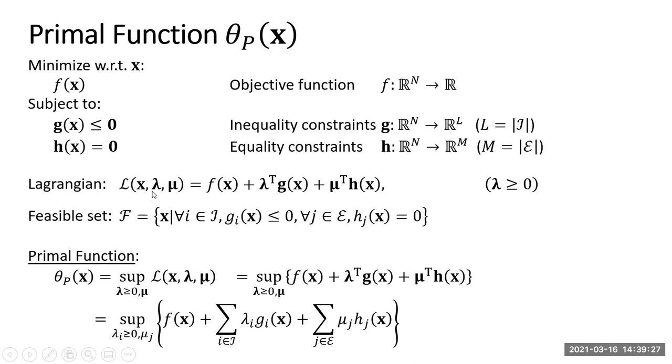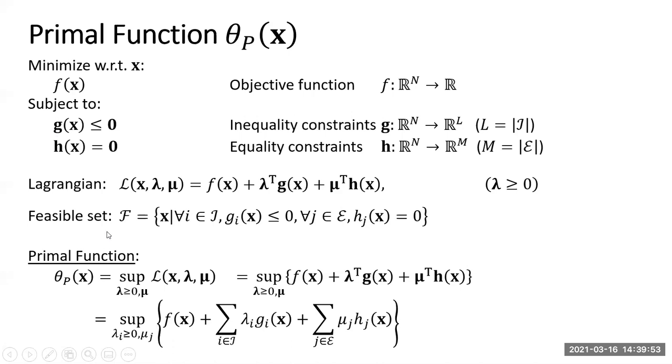And so the Lagrangian L of x, lambda, mu can be expressed in this form: f of x plus lambda transpose g of x plus mu transpose h of x. And the feasible set is the set of all x's that satisfy all the equality and inequality constraints.